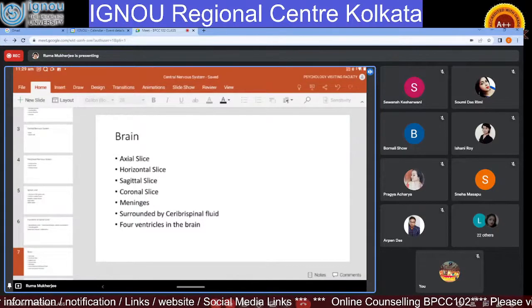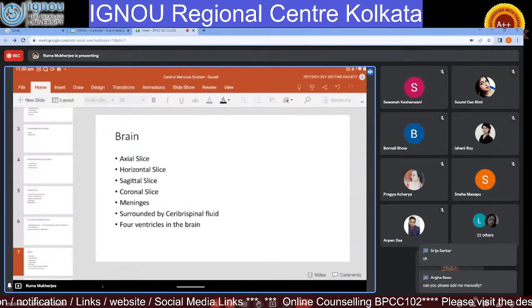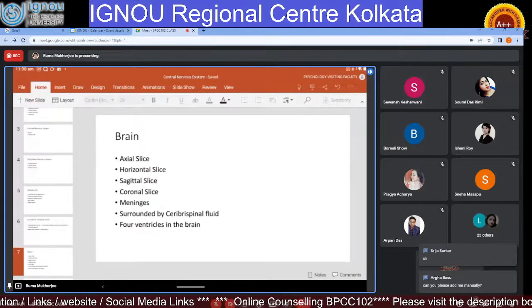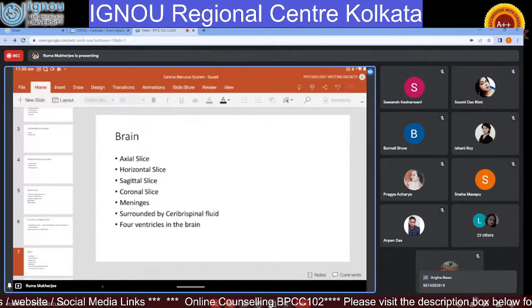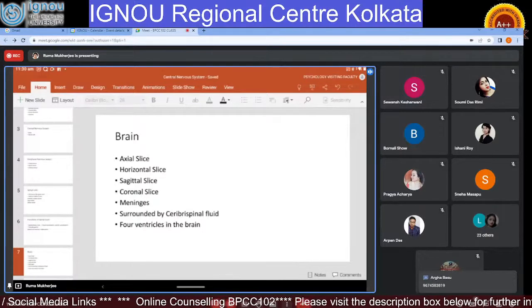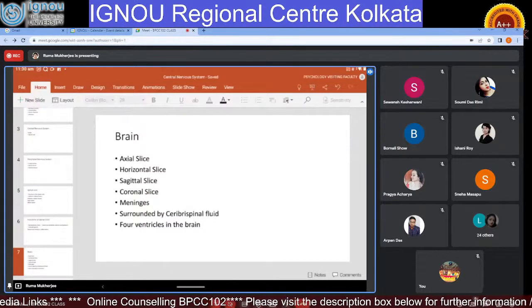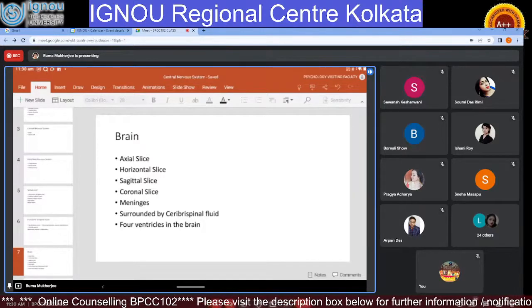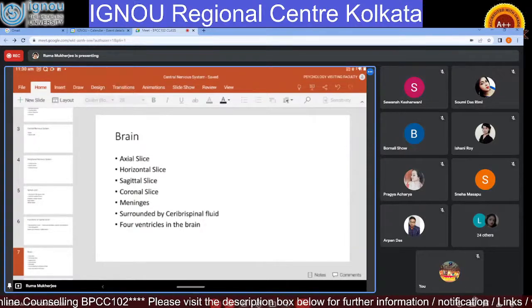Then, what are the organs present in this particular region? Now, let us see. You all know that an adult brain is a large organ. It is the controlling system of the whole body, and it weighs approximately 1.5 kg in an adult person, and it is a very soft, jelly-like substance.